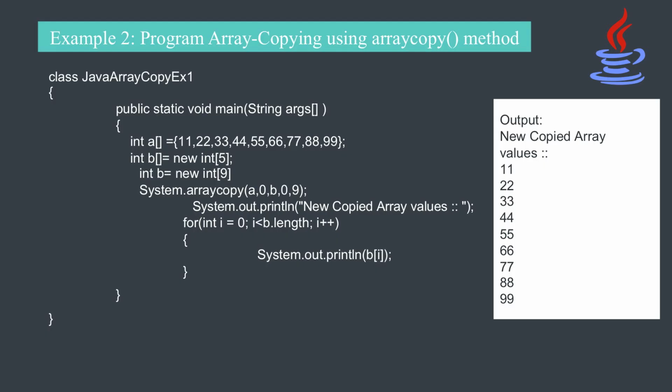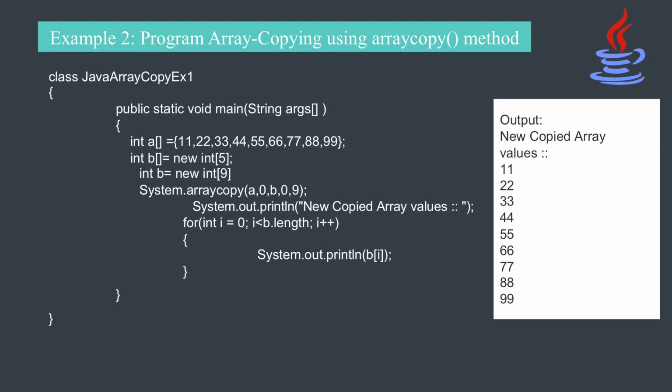Now I am changing the size of array B. So B is int of 9; previously it was only 5 elements. The size is now 9 elements. So System.arraycopy: the first source array is A, starting from 0th index. The 0th index of array A is 11. So from 11, copy the elements into B from 0th index.